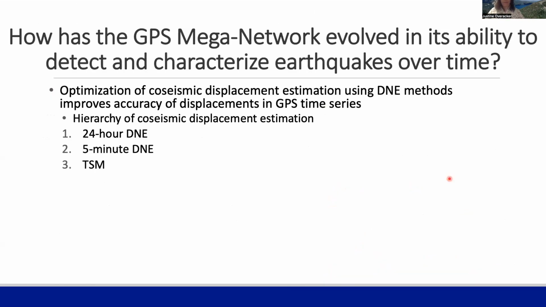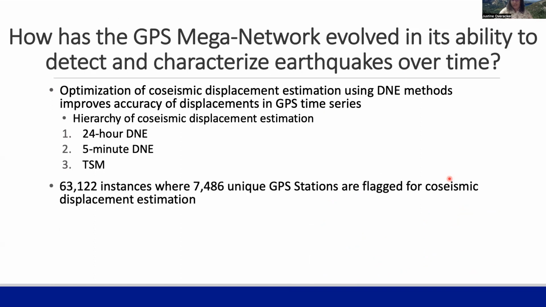So here I introduce you to the Nevada Geodetic Lab's Coseismic Displacement Estimation Strategy for the GPS mega network, including the data near event model, which improves the accuracy of coseismic displacement estimations in GPS time series. We then applied these strategies to the entirety of the GPS mega network to assess how it's done over time to detect earthquakes.